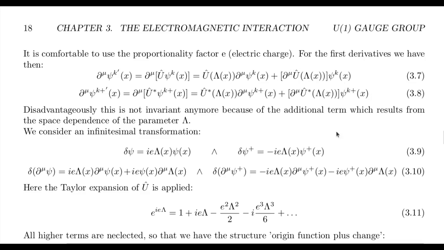Or the adjoint version. Now we have the problem that this is not transformation invariant because of the additional term, which is caused by the space dependence of the parameter lambda.